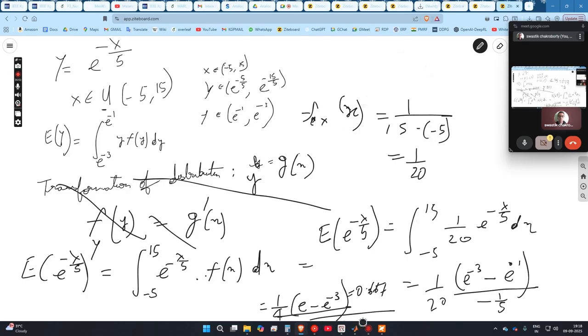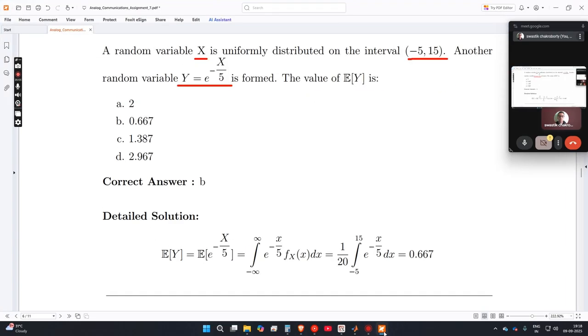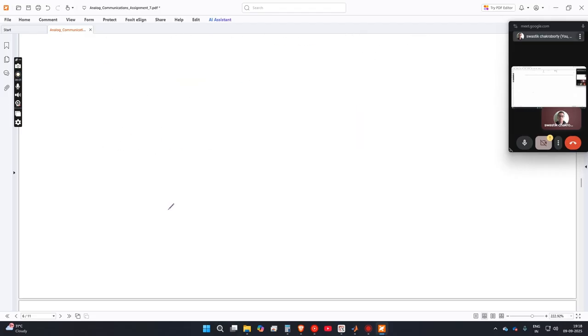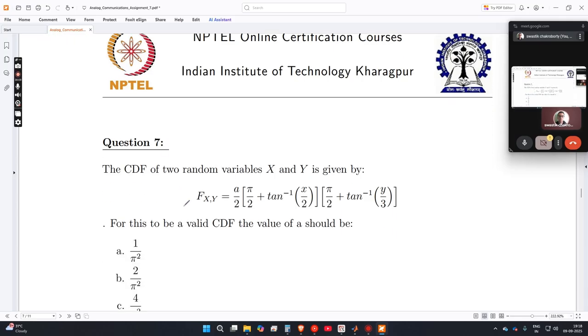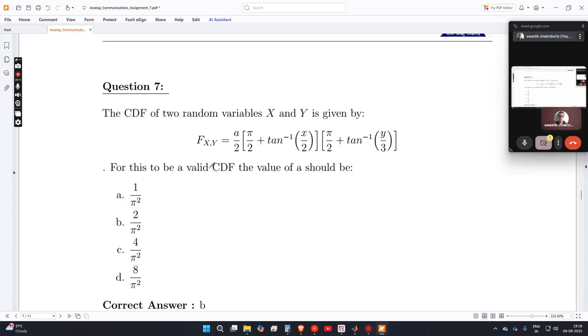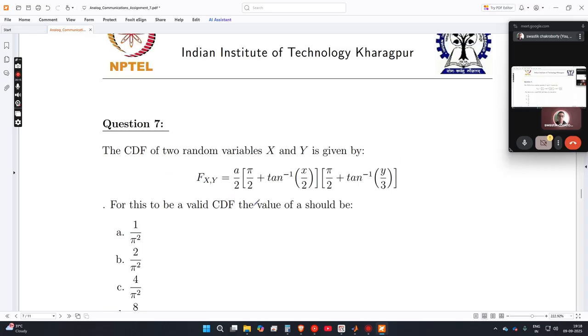Next question. The CDF of two random variables is pi by 2 plus tan inverse x by 2, pi by 2 plus tan inverse y by 3.